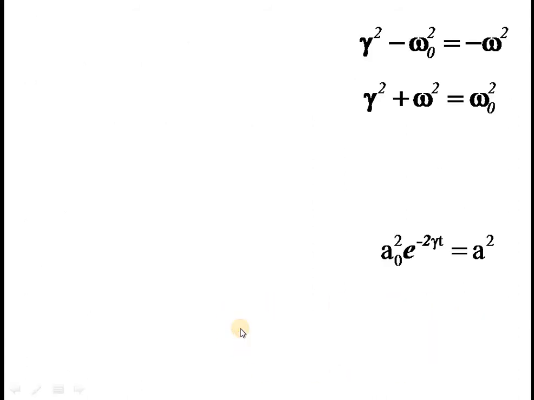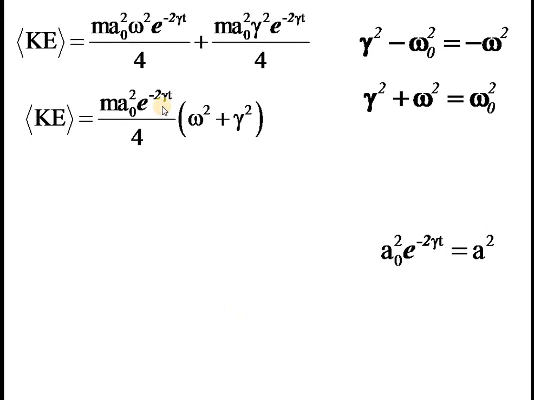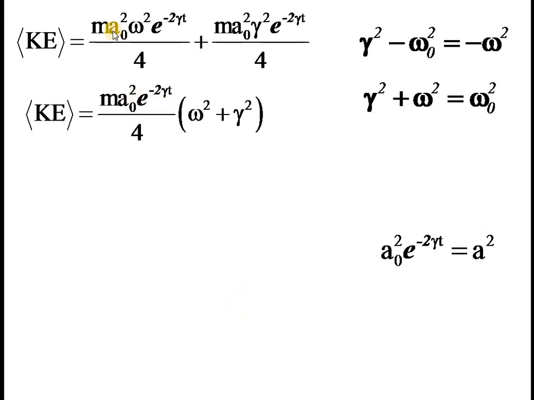You can add it up now. When you add it, we have m a0 square. Here there is an omega square and there is a gamma square. You can take it outside. Other terms are constant, keep them outside. And you have already studied that gamma square plus omega square is equal to omega 0 square.